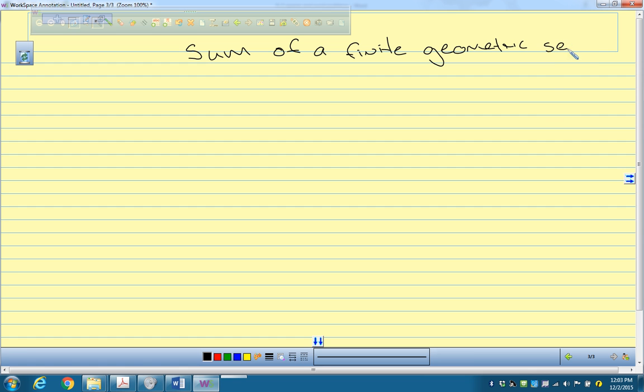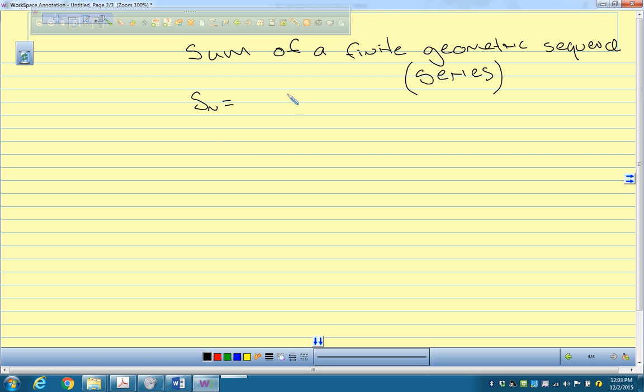The sum of a sequence is also known as a series, a geometric series. I would derive the formula for you, but I will just let those people look it up in the book if they're interested.